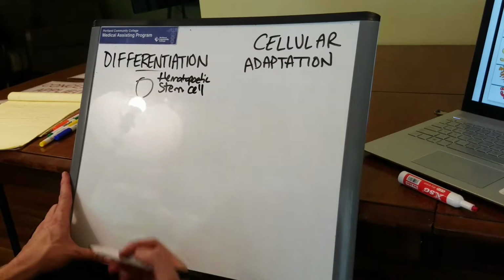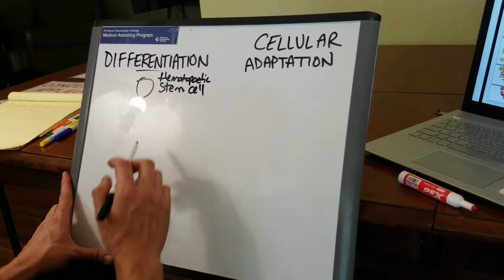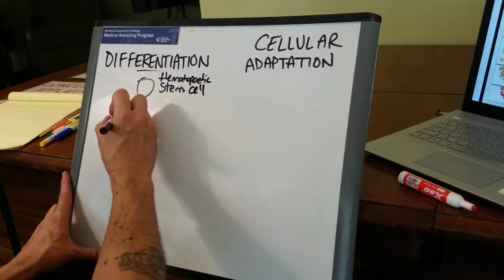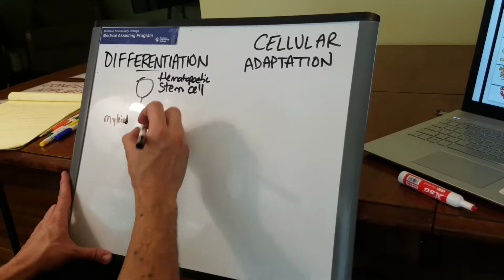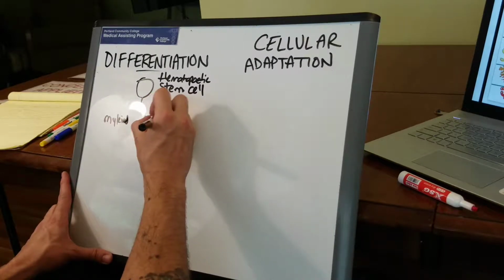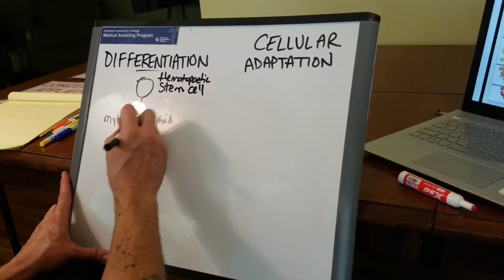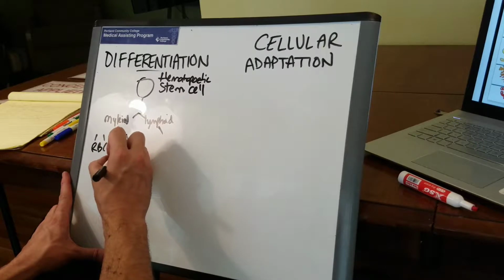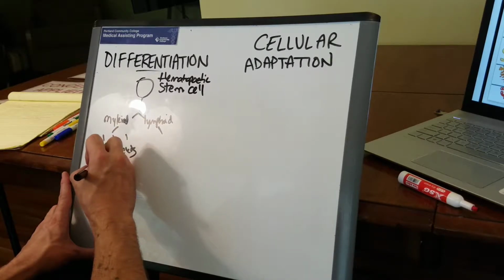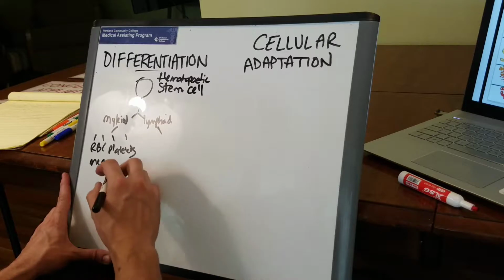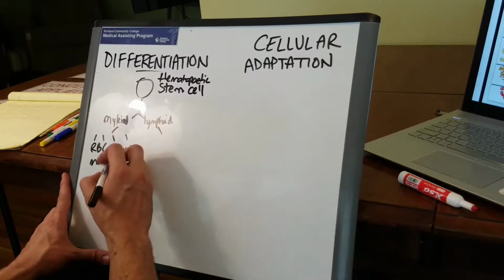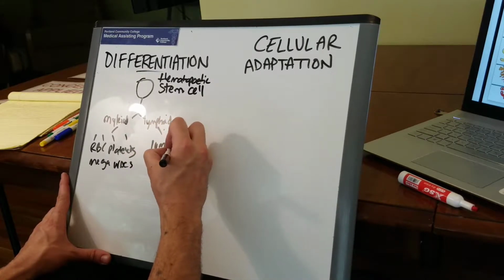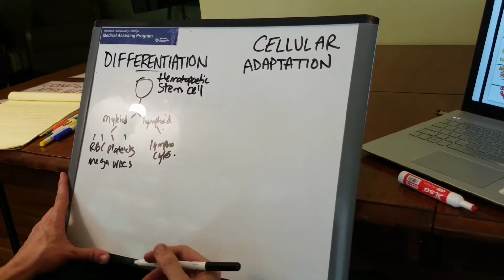And through the process of differentiation, this stem cell can go into a myeloid progenitor cell or a lymphoid progenitor cell, and then it can go into red blood cells, platelets, megakaryocytes, all sorts of different white blood cells except for lymphocytes. And on this side, you get the lymphocytes that go into different B and T cells.